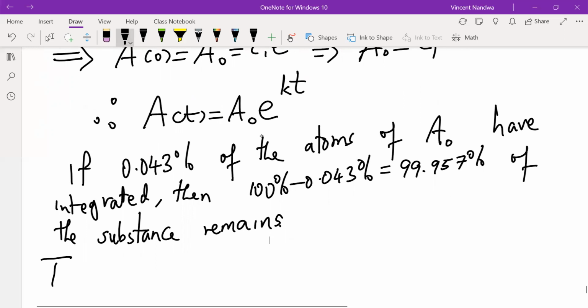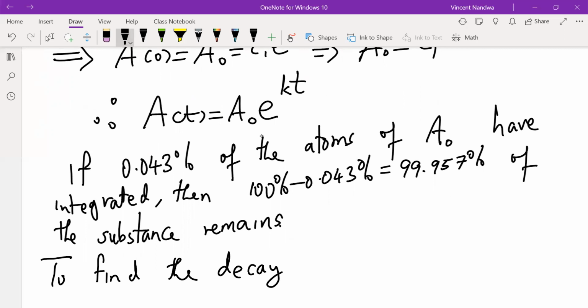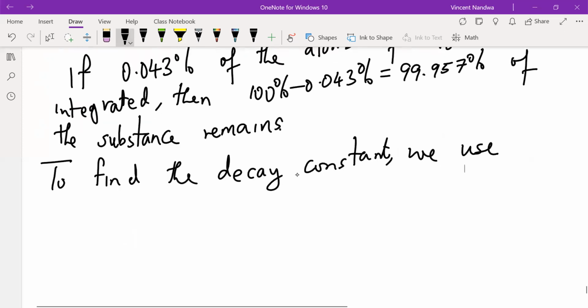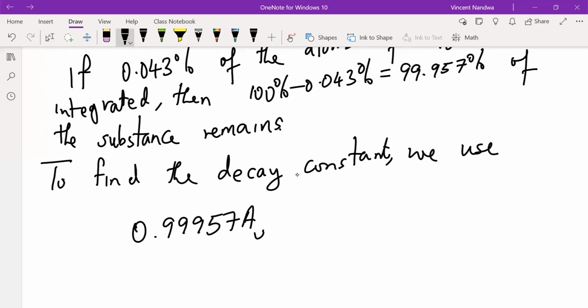So then, to find the decay constant, we use that this is the same as 99.957% remaining, so the same as 0.99957 of the initial amount A0 is the value that we have after 15 years.